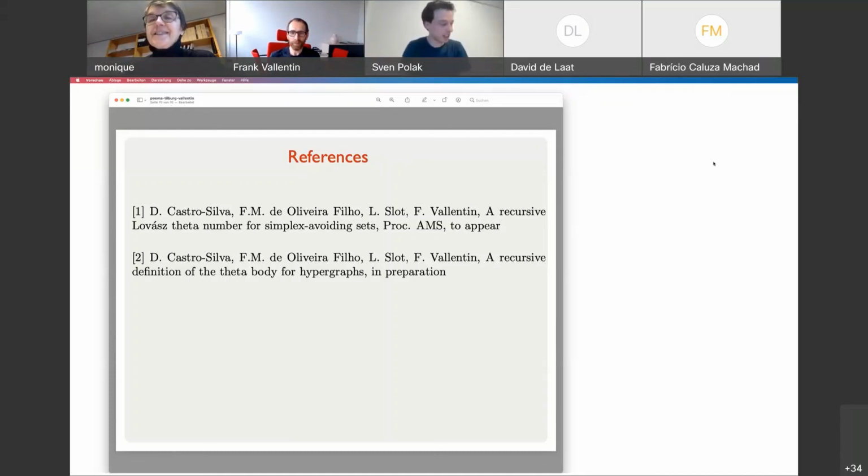Okay. Yeah. I was thinking maybe about a possible application. So the triference problem of Körner, which asks for a maximum set of vectors in F3 to the n, such that for any 3 vectors there is a coordinate where they all differ, where you have 0, 1, 2.